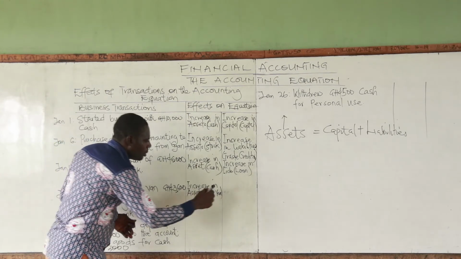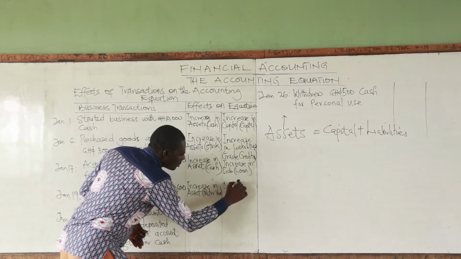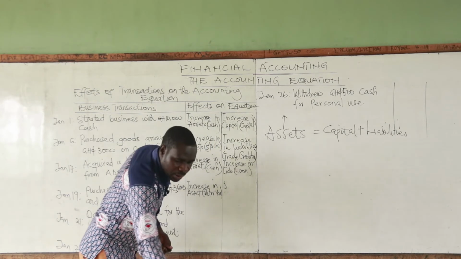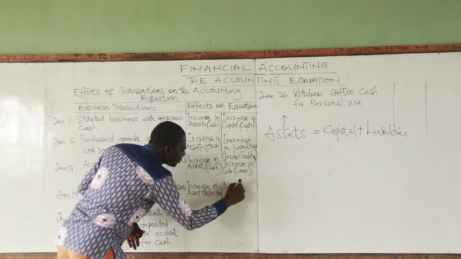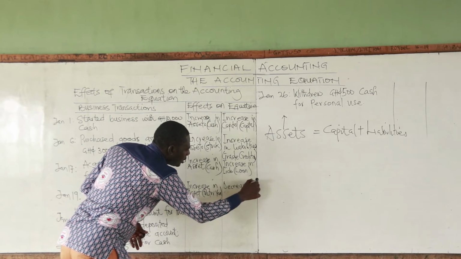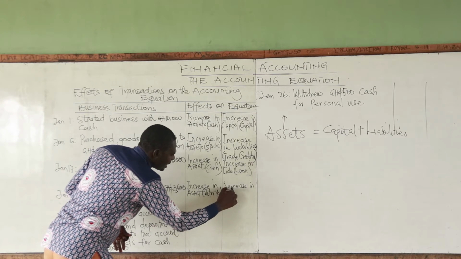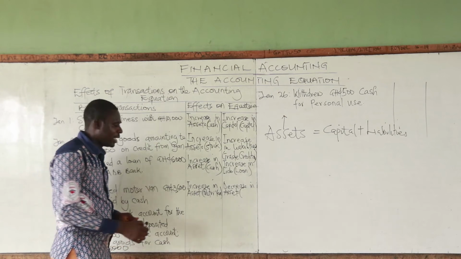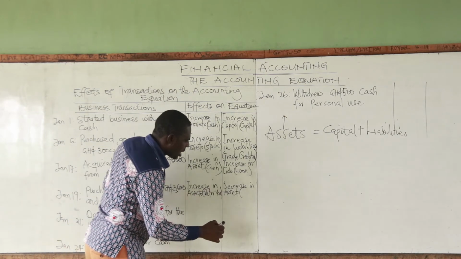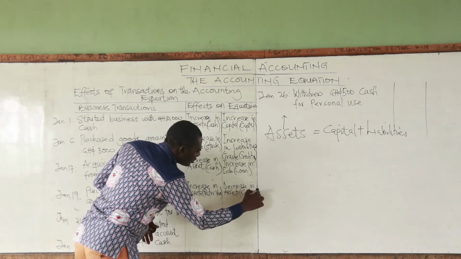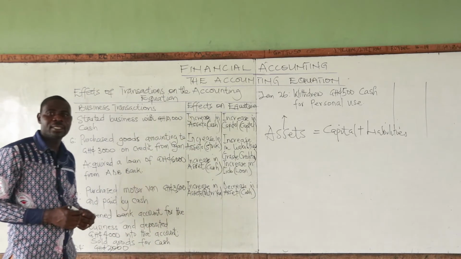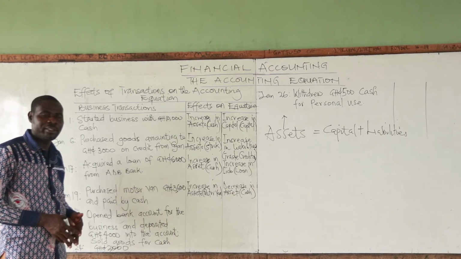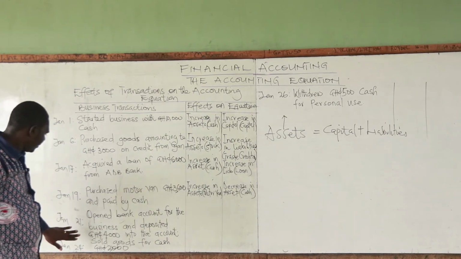So there will be a decrease in assets. And what assets are we talking about here? Cash. The cash in the business will reduce. Okay? All right. Let's look at the 21st.